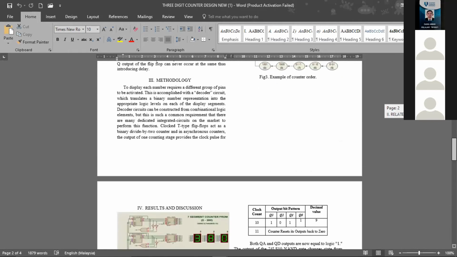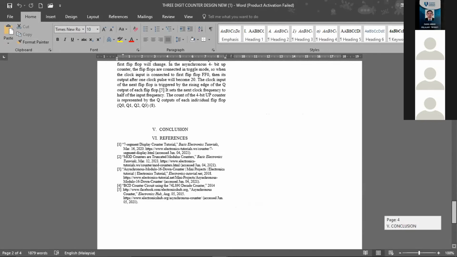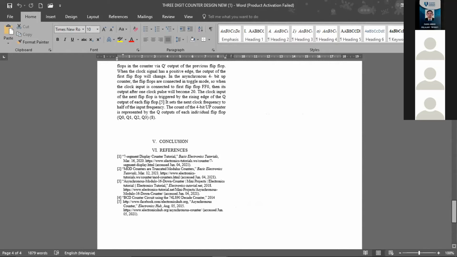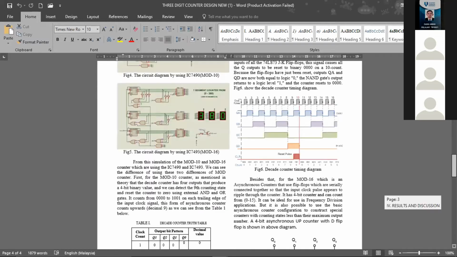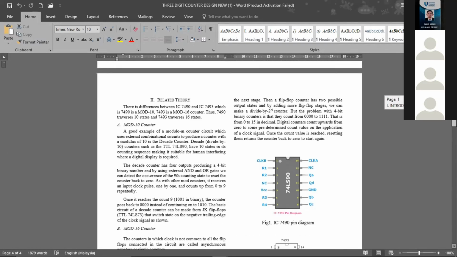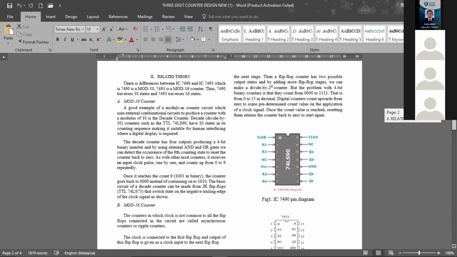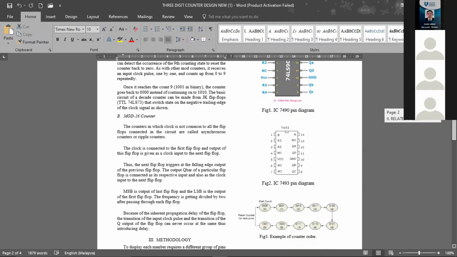I've put it below right here: the 7 segment display counter tutorial number 1. For related theory, I chose to compare the mode 10 counter and the mode 16 counter. So just a simple discussion.